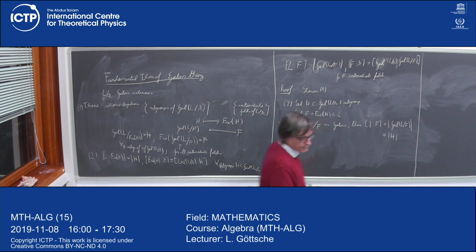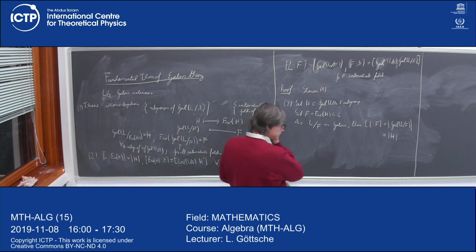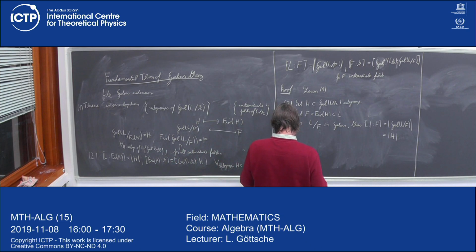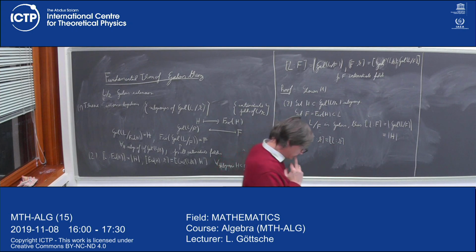This was part of the statement of the fundamental theorem of Galois theory. And we have obviously, by the degree theorem, that the degree of L over F times the degree of F over K is equal to the degree of L over K. And so we just divide this by this.